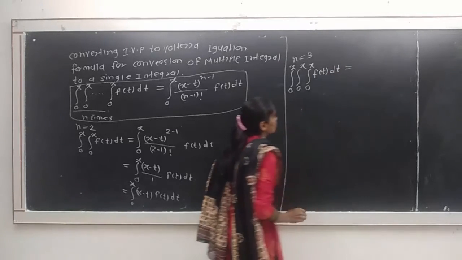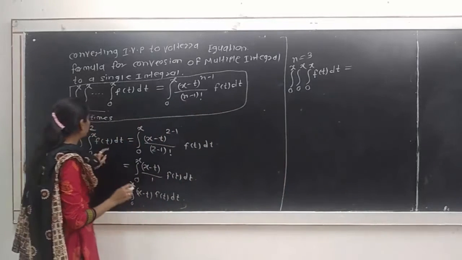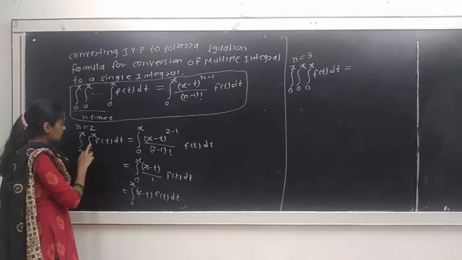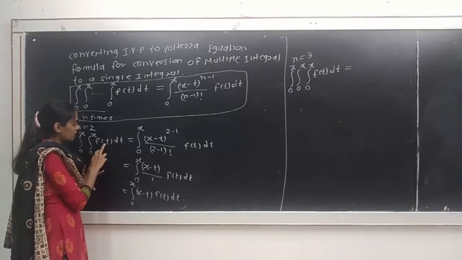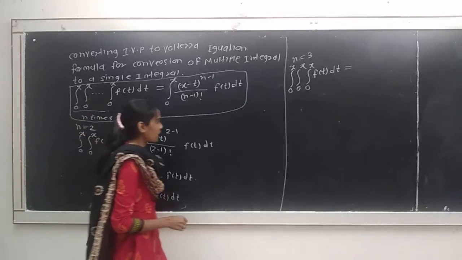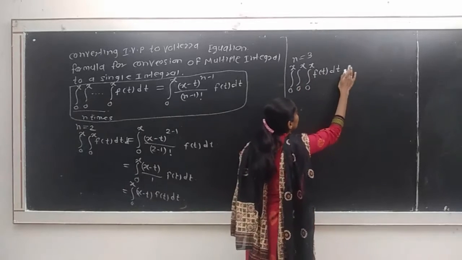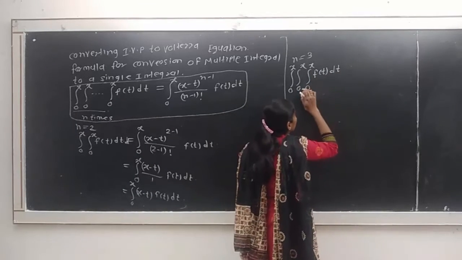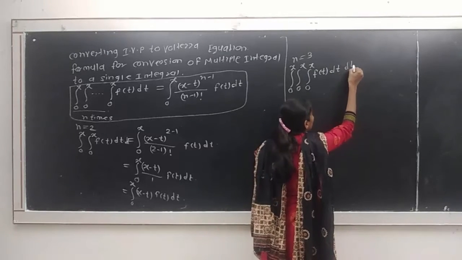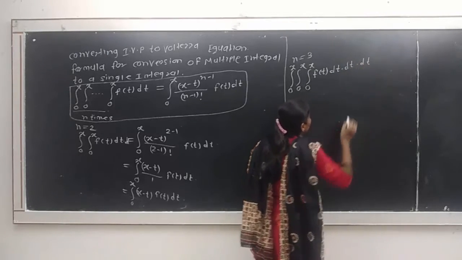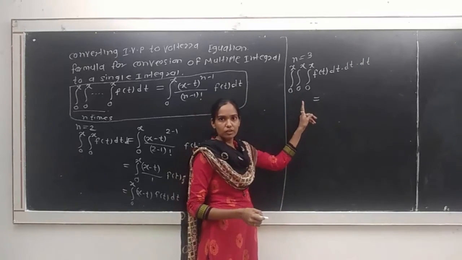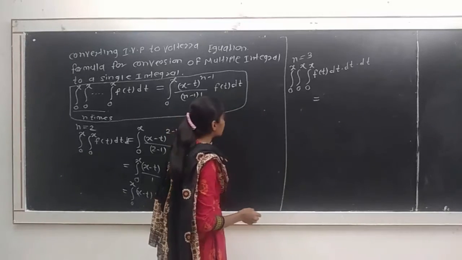That is equal to, here we can take the integration 2 times from 0 to x, that is the double integral, so we write f of t dt into dt, and in a similar manner we take the integration 3 times from 0 to x, so we write dt into dt. We convert this triple integral into a single integral using this formula.